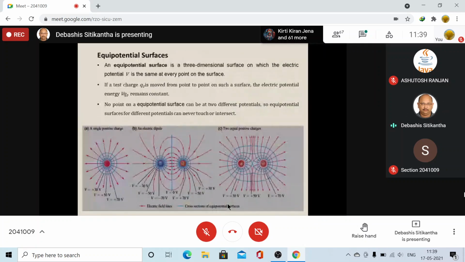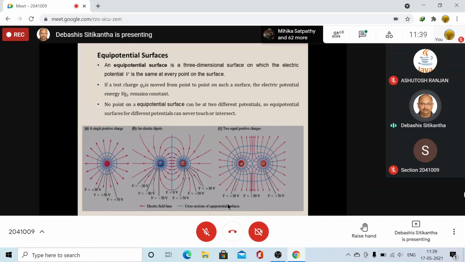And last, we studied equipotential surfaces. On an equipotential surface, every point has the same electric potential. And believe me, even though it is known as an equipotential surface, and surface makes everybody think of a 2-dimensional plane, that is not the case.